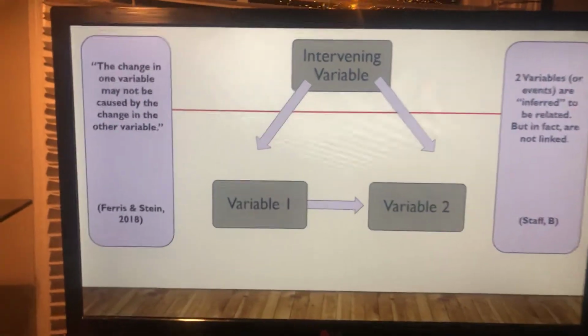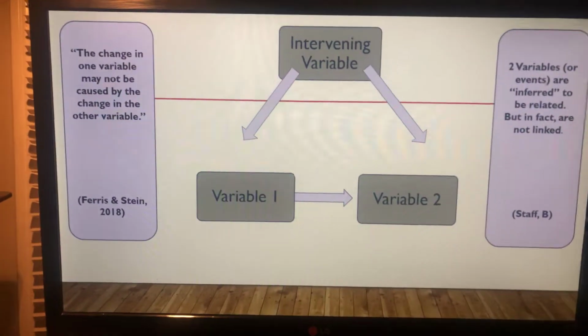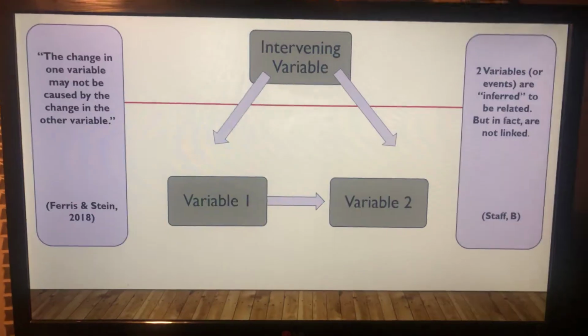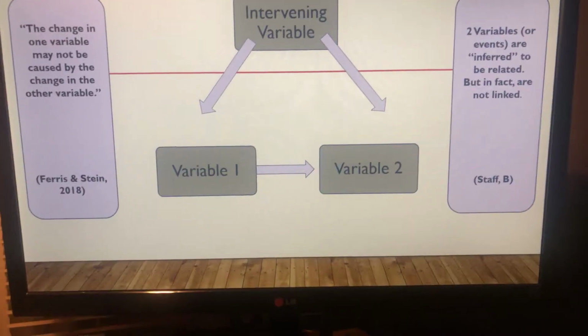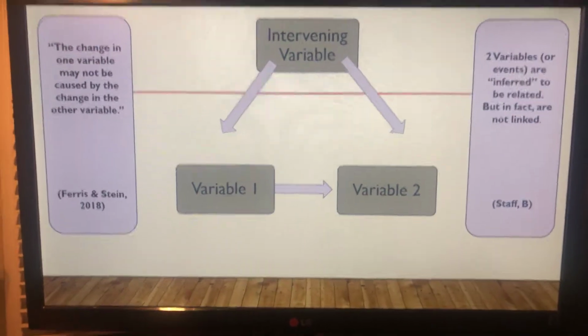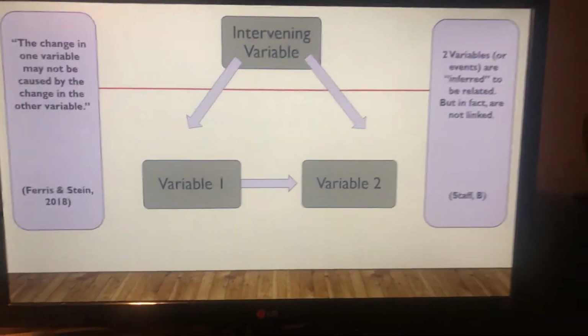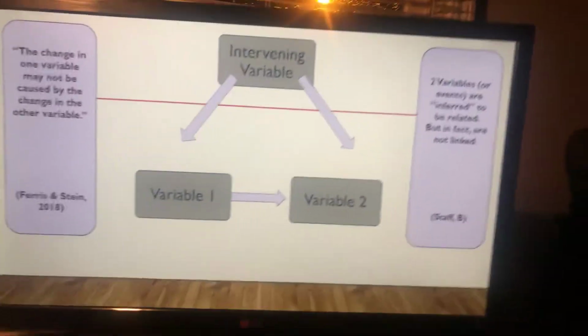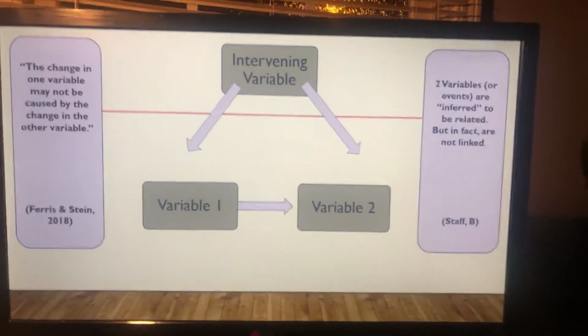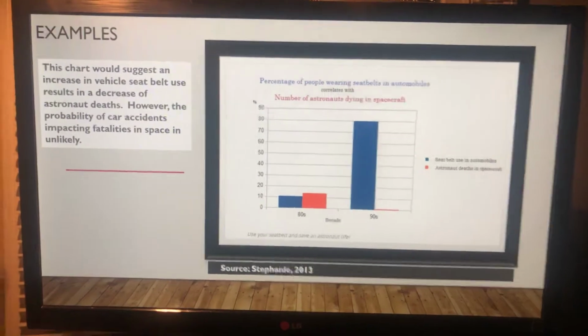So meaning that it's not always a cause and effect incident. Two variables or events or incidents are inferred to be related. So it may seem, it's implied as if one is causing the other one, but essentially they're not. And we'll go into more depth on some interesting examples of how this plays out.